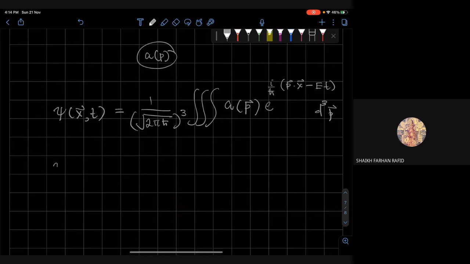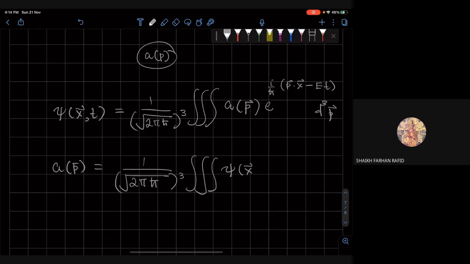And then A(p) is going to be given by (1 over square root of 2 pi h bar) cubed, basically 3 Fourier transforms, right? Integral of psi(x, t) e to the power minus i over h bar (p dot x minus E t) d cubed x. Okay, so these are the generalization of the Fourier transforms into the 3-dimensional case.